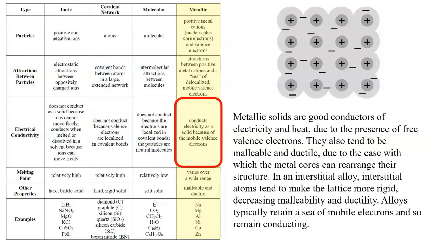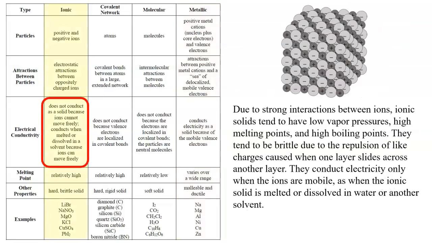So a metallic solid does conduct electricity as a solid because of the mobile valence electrons that can move and flow and conduct electricity. An ionic solid does not conduct electricity as a solid because the ions, the charged particles, cannot move freely. So an ionic substance does conduct electricity when melted or dissolved in a solvent because then the ions, the charged particles, can flow and move freely.